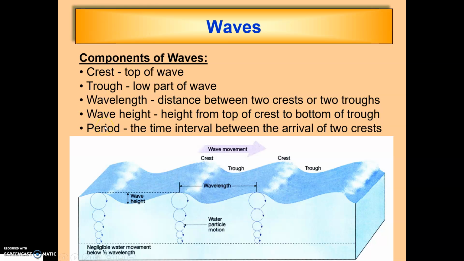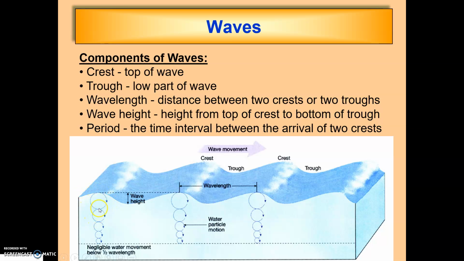And again, how do waves form? Essentially, waves form due to the shear force of the wind along the ocean surface. As you can see here, this is the orbital path of the wave. At the top surface of the wave, it's more circular.